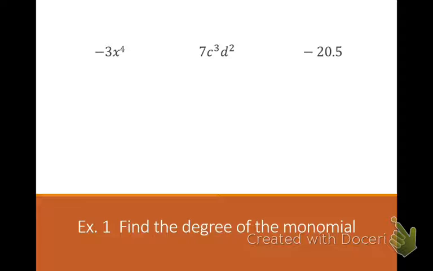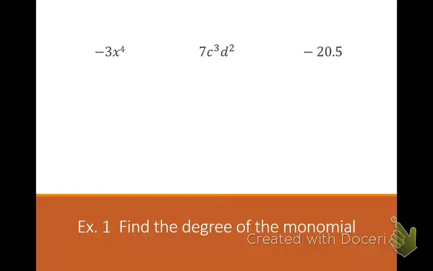In example 1, all we are doing is finding the degree of the monomial. The degree of the monomial. Okay, so that means the largest exponent value in one term. If there are multiple exponent values in one term, I would add them together. I'm only looking at the exponent value.